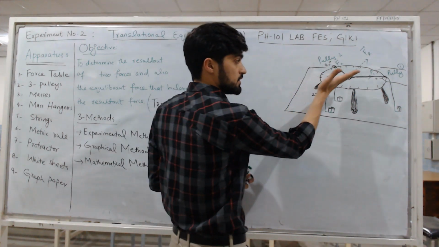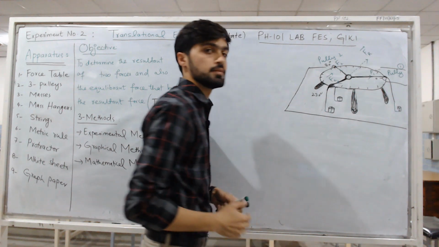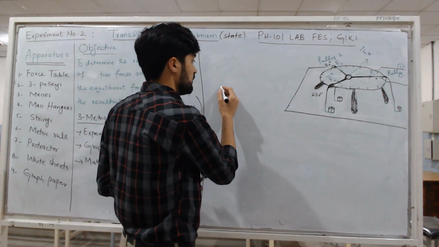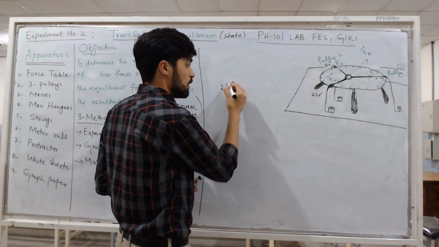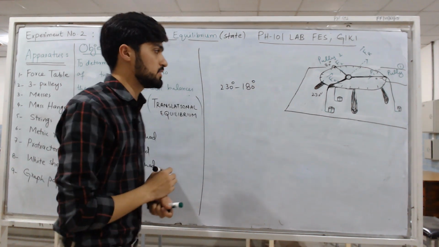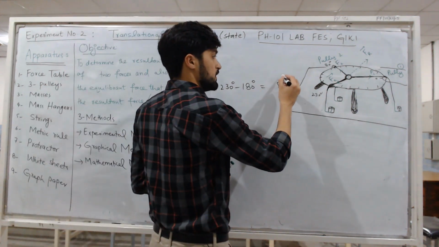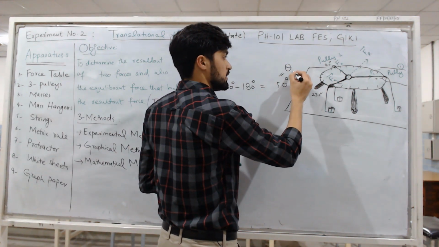If this is the equilibrium force, we know that its opposite force will be the resultant force. So if I subtract 180 degrees from 230 degrees, it will give 50 degrees. So this 50 degrees is theta r.